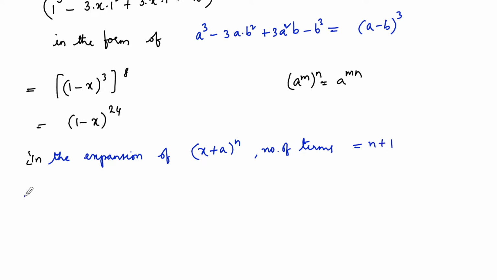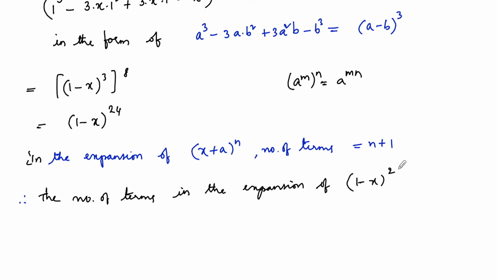So here we can say, therefore, the number of terms in the expansion of (1 − x)^24 is 24 + 1, that is 25. Okay.